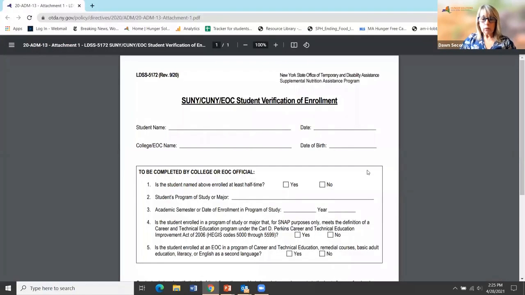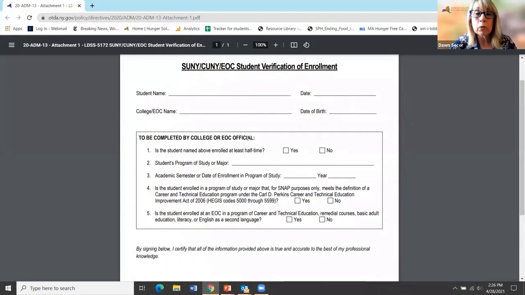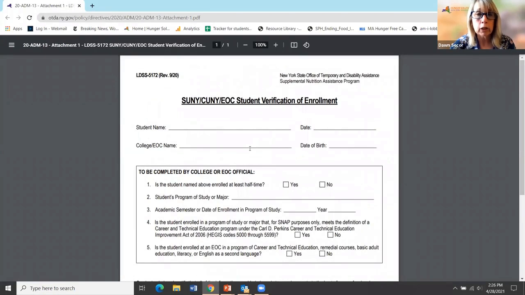The nice thing about this form, which is not true of many of our SNAP forms, is it is very simple and clear. And that's super exciting and means there's no reason to recreate this. It's here for you. It was created for this reason, for this exemption specific for EOCs.